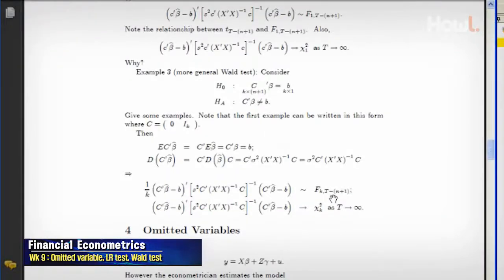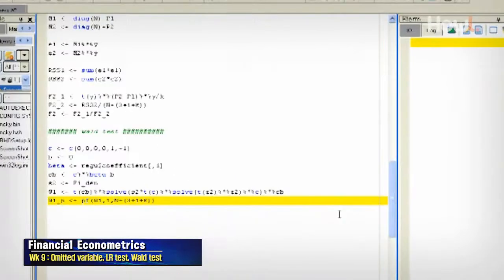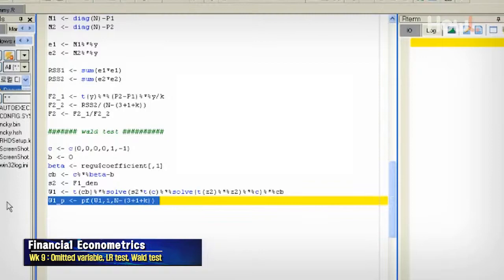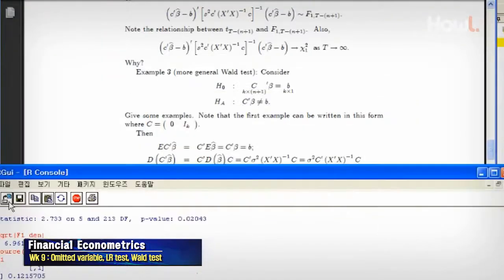And the second one is t minus n plus 1. Since k is already 1, this is fine. So the p-value is like 30%.